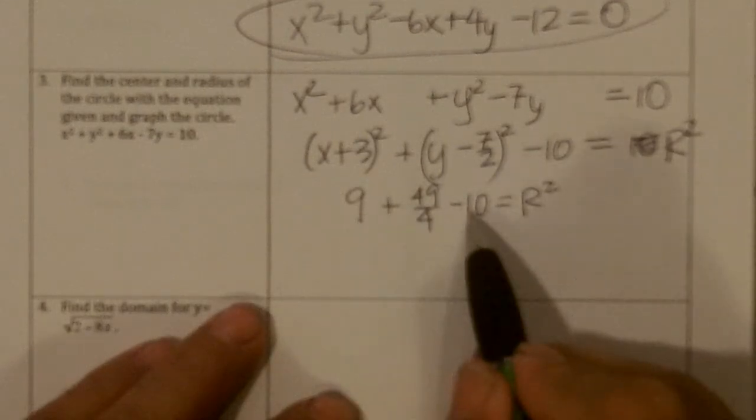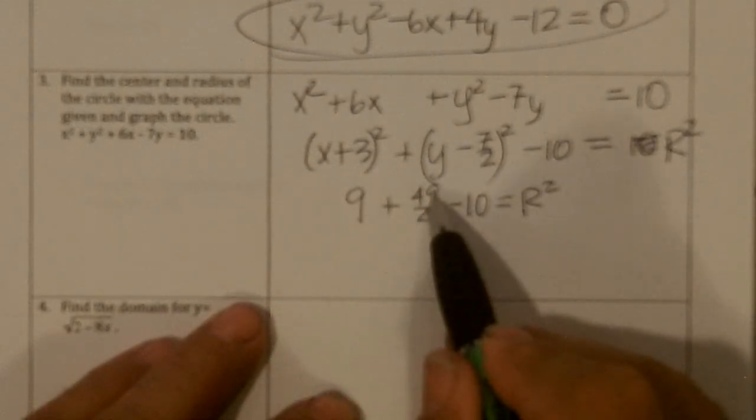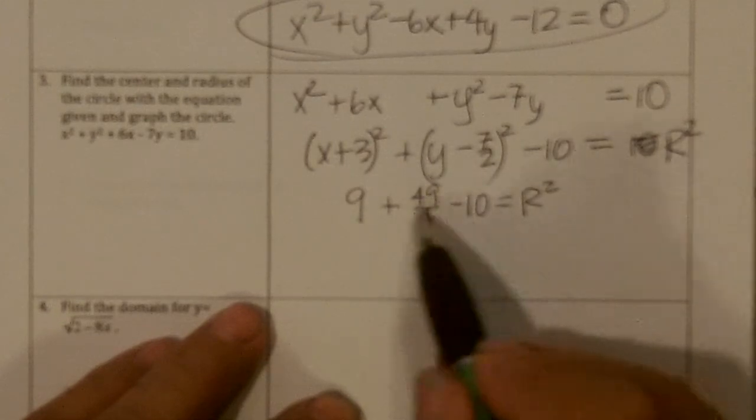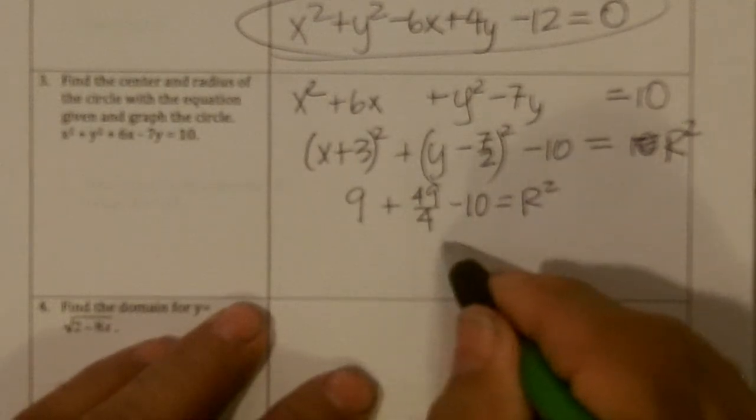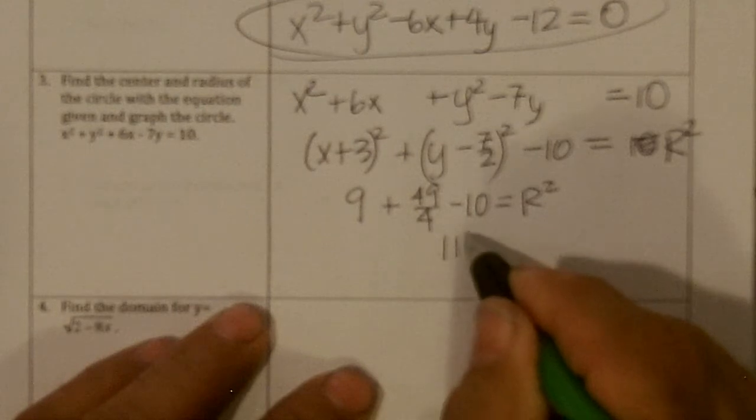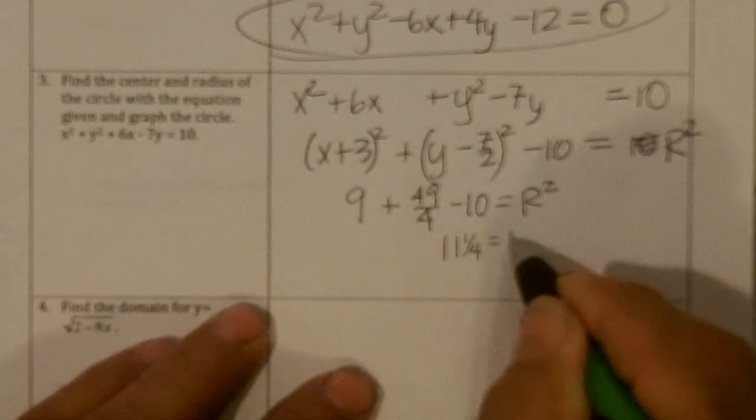So that's 12 and a fourth. So 21 and a fourth minus 10 is 11 and a fourth, which is r squared.